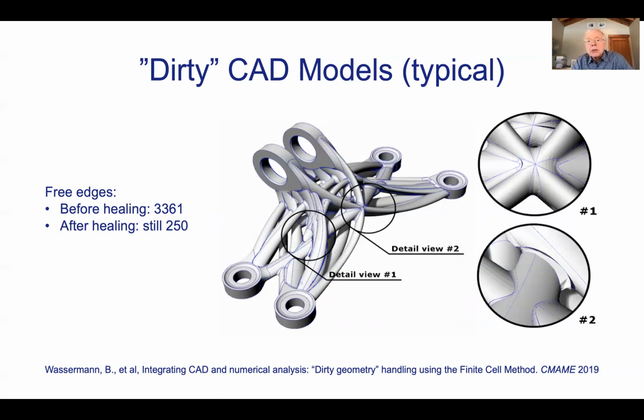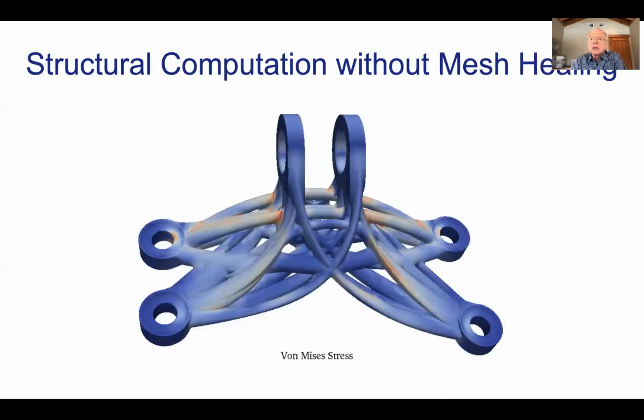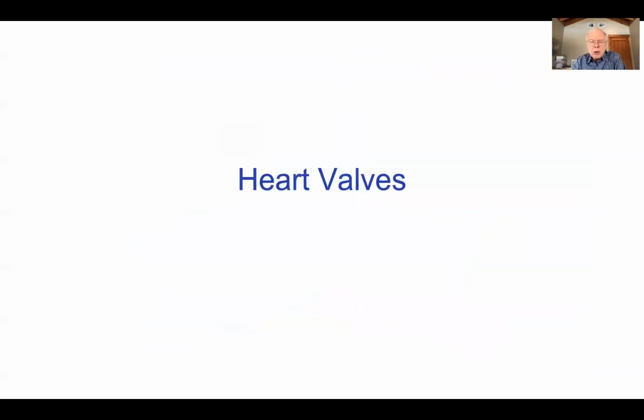I guess maybe you could do it with an enormous amount of effort and time, but why do that when you can drop it into a box of B-splines and use the same approach and get a very nice result and good accuracy?